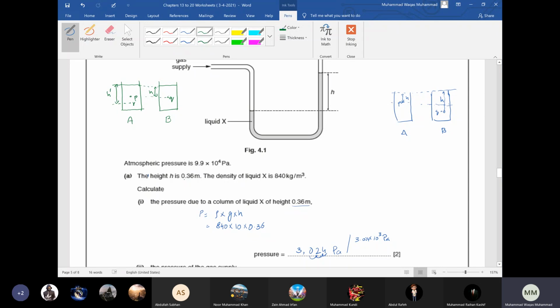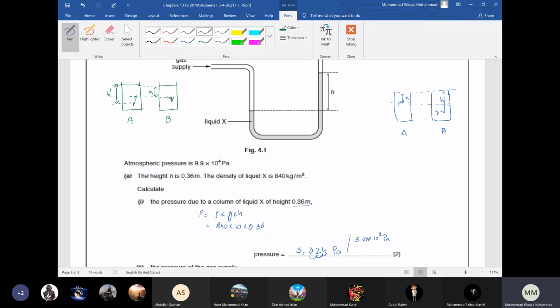What I'm establishing with this point, beta, is that the same amount of pressure is caused if the liquid is more dense with a small H, but if the liquid is less dense, the same pressure would be caused by a greater H, at a greater depth. Right or wrong? Right, sir.